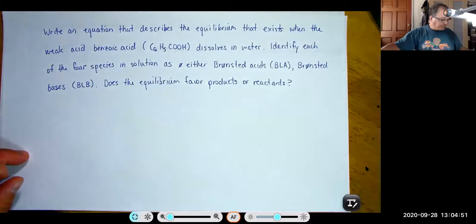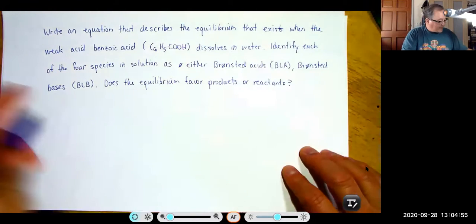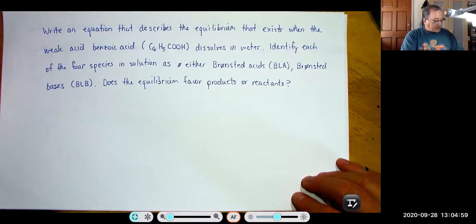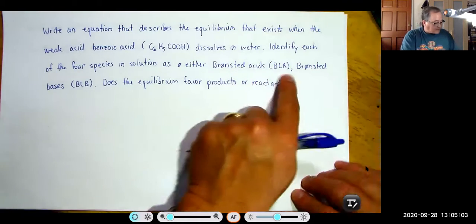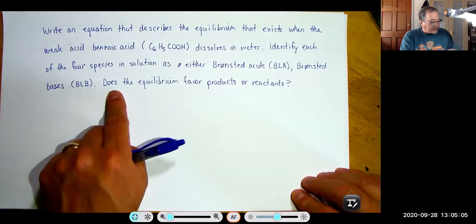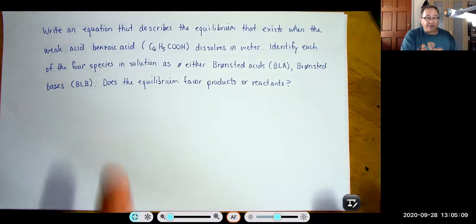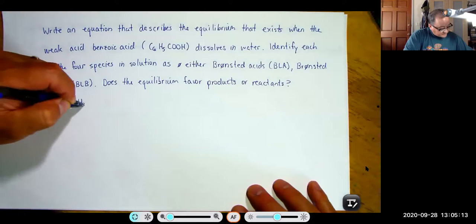Okay. Write an equation that describes the equilibrium that exists when a weak acid dissolves in water. Identify each of the 4 species as either Bronsted-Lowry acid or Bronsted-Lowry base, and then does equilibrium favor products or reactants? We've done this before. We did this for phosphoric acid.